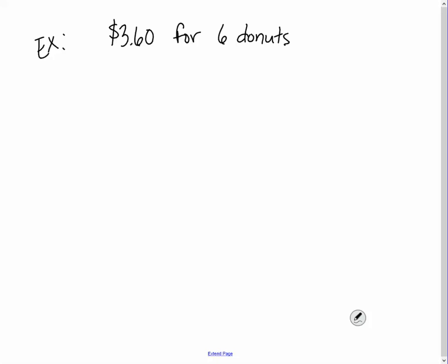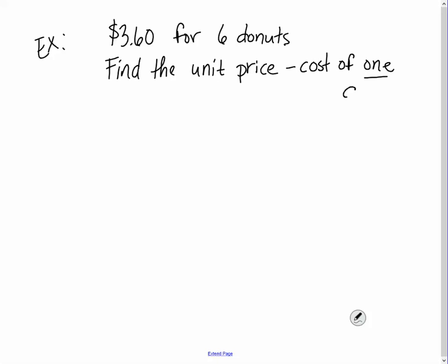So find the unit price, which means cost of 1 donut. Maybe I'm going to put parentheses here instead of that because I don't want it to look like a subtraction thing. Cost of 1 donut. All right, so that's our goal.